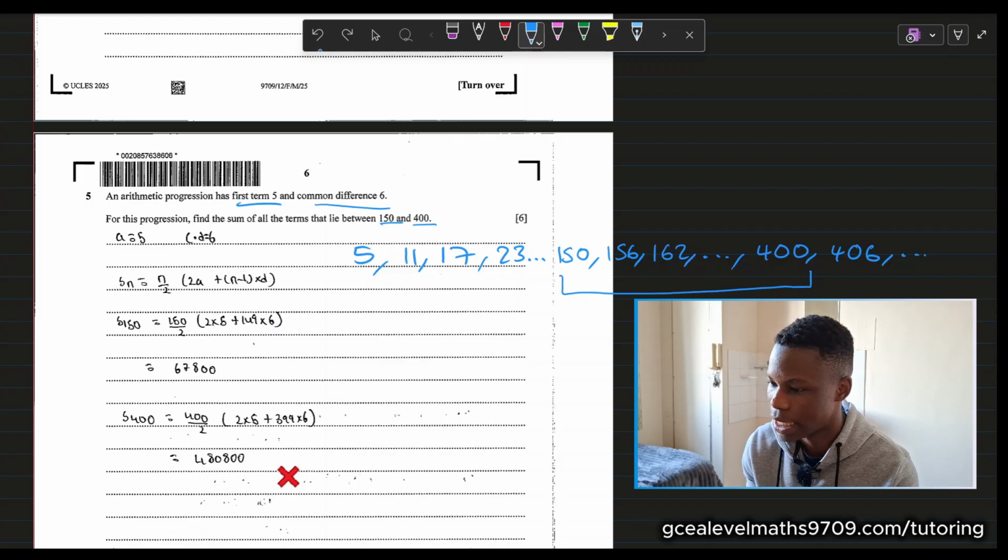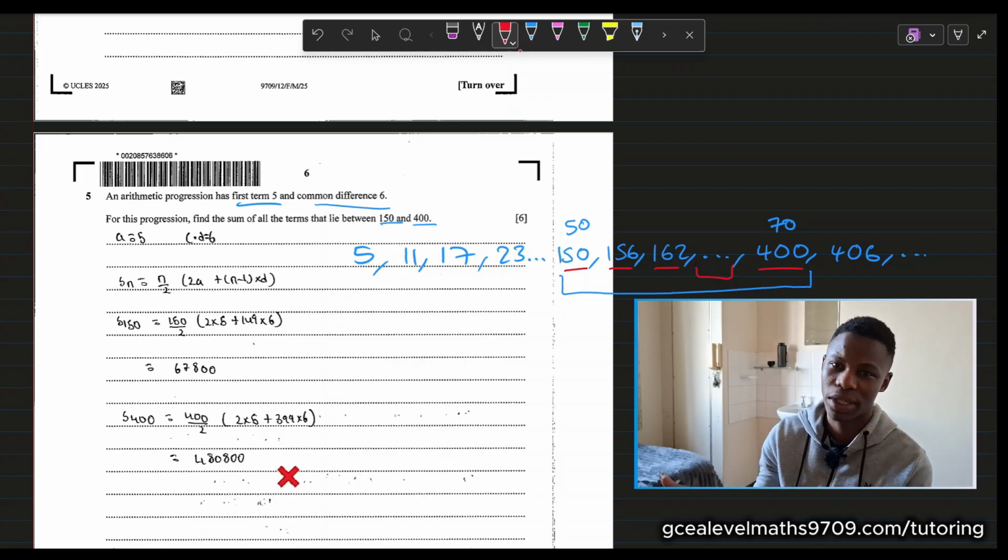So let's just say that this is position 70, and this 150 is in position 50. What we would want to know is the sum of all the terms between 150 and 400. So it would be this 150 plus 156 plus 162 plus all the terms that are here plus the 400. That's what we want.